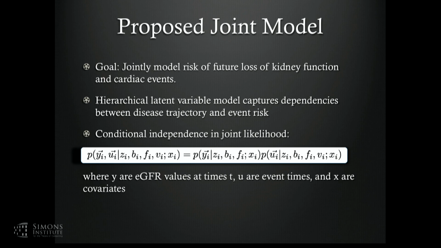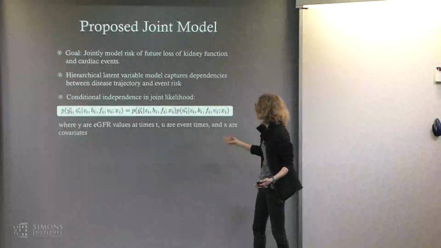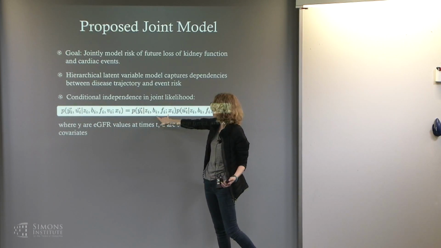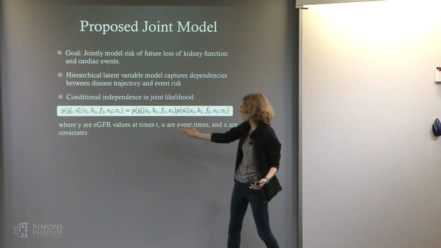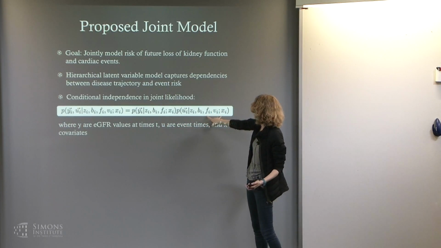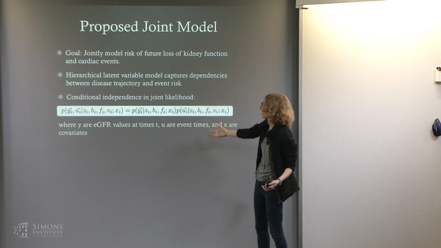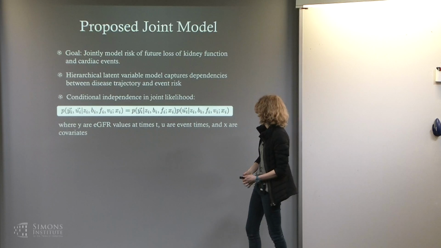And we came up with basically a conditionally independent joint likelihood model, right? So here is the model for eGFR, which is the model that we talked about previously, and here is the model for the events that we're looking at, like heart attacks or strokes.